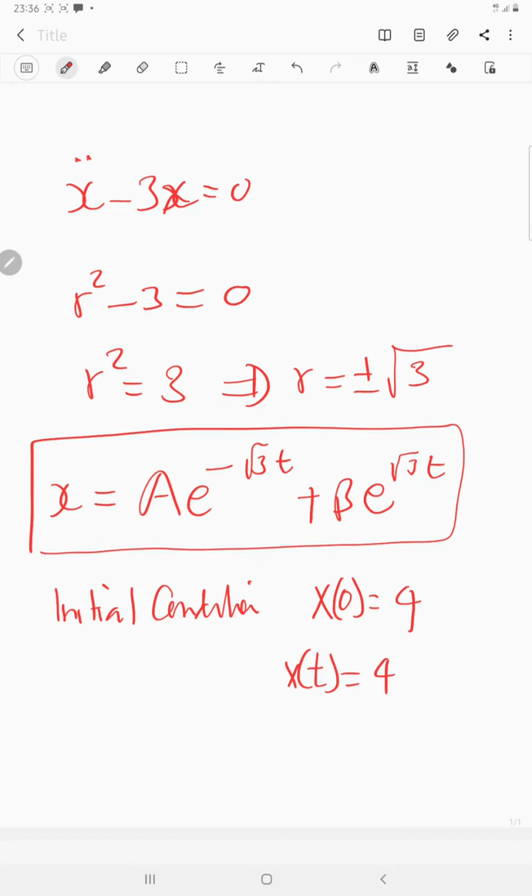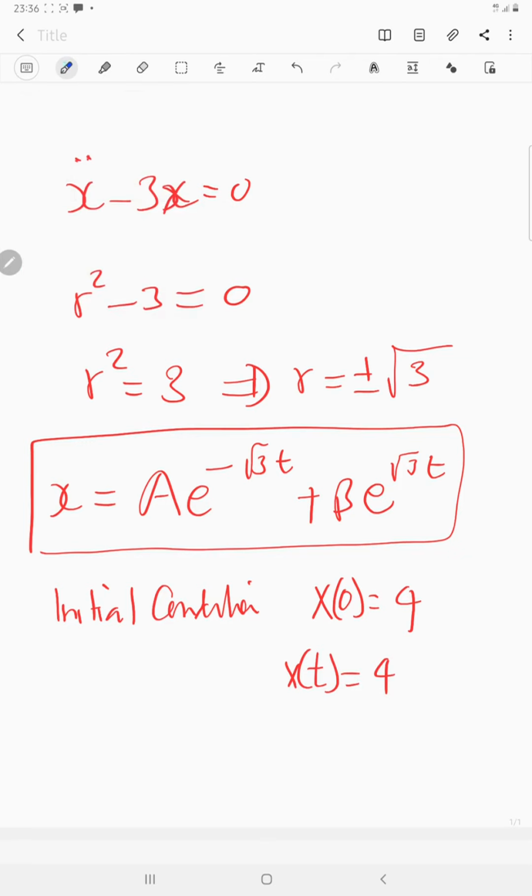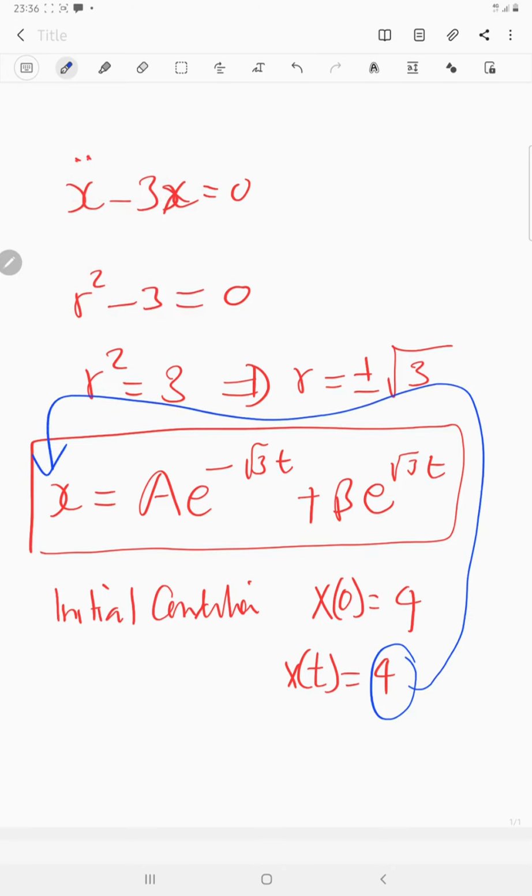So if you have been given something like that, you can start substituting. You take 4 here, and you take the value of t, whatever is given, and put it there. Then you solve that particular equation.